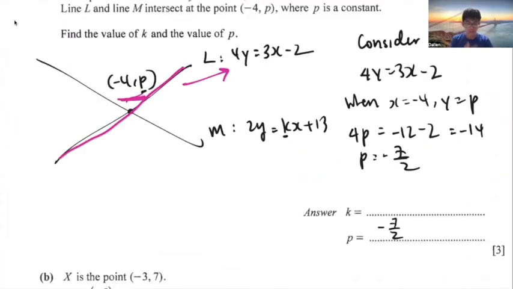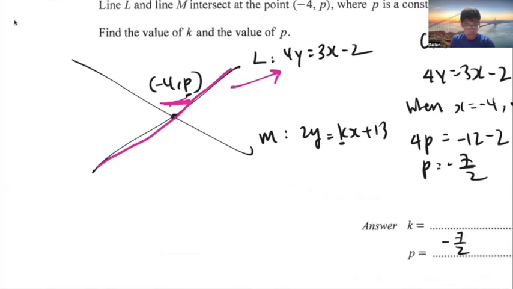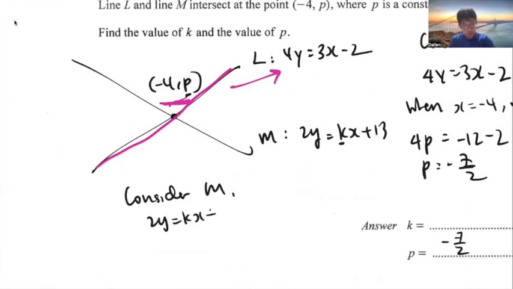And with that, all we have to do is do the same thing for m. Consider m, 2y equals kx plus 13. When x equals -4, y equals p, which we already know is -7/2.